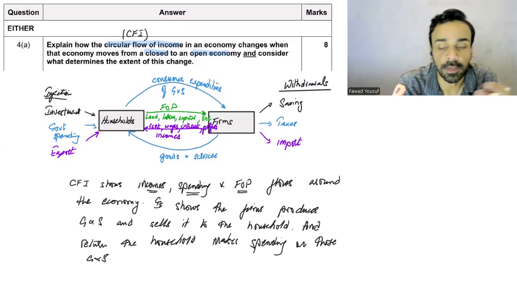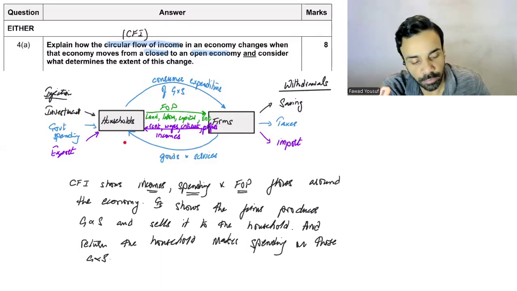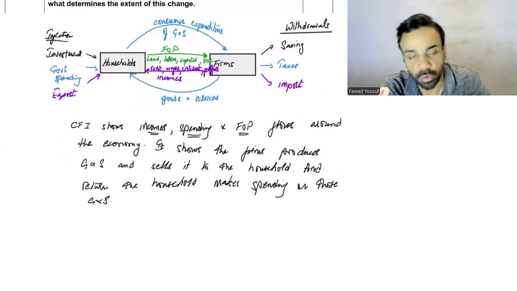And that's what we're seeing. सबसे पहला वाला part, the goods are flowing from here and households are making payments or spending on it.